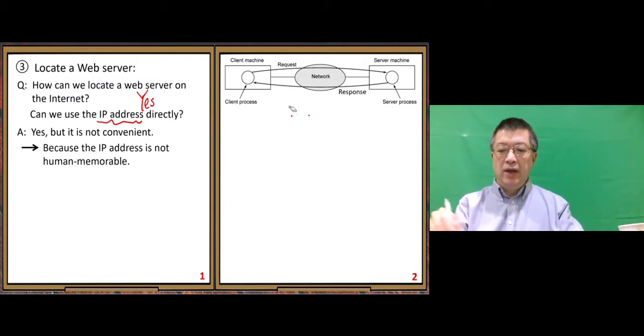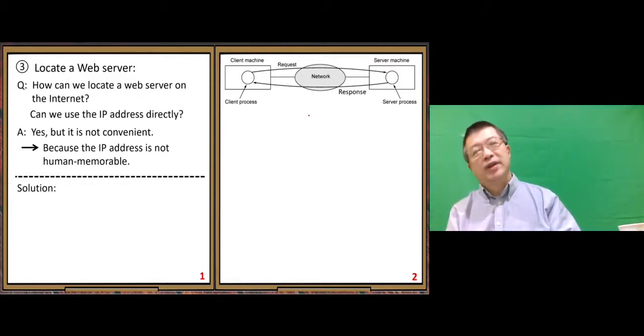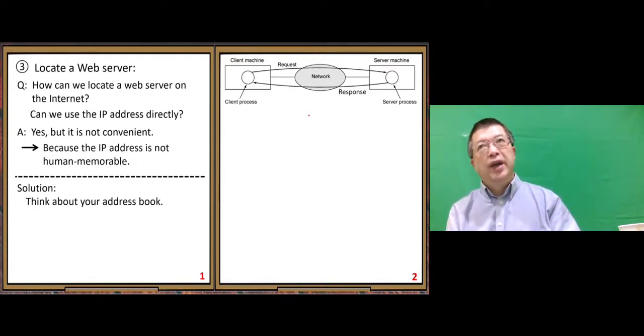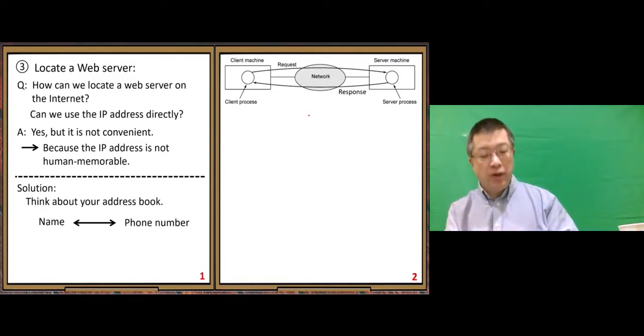And the solution is very simple. We just borrow a similar solution from a different problem. Think about your address book, because usually it is not easy to memorize many phone numbers, so you have a phone book.